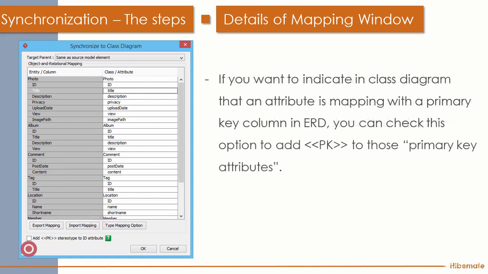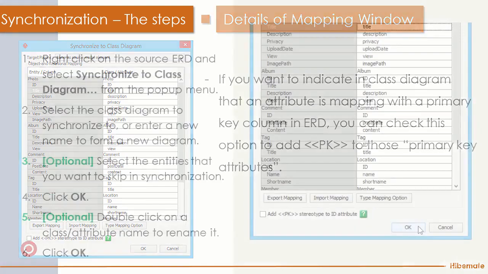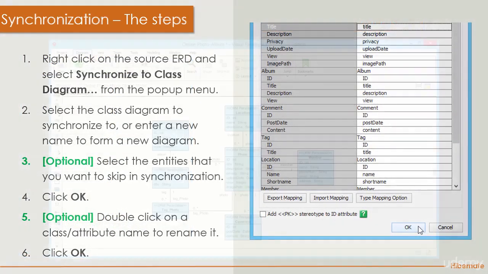On the bottom of the dialog box, you see the option to add a stereotype PK to the ID attribute. You can add a PK stereotype to the attribute in the class diagram if it is a primary key. It doesn't affect the code generator, it just affects the appearance, so you can easily see that this attribute is the primary key in the database. Then you click OK to generate.